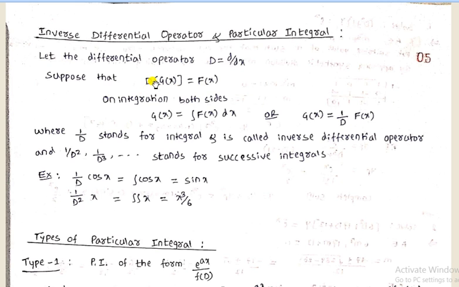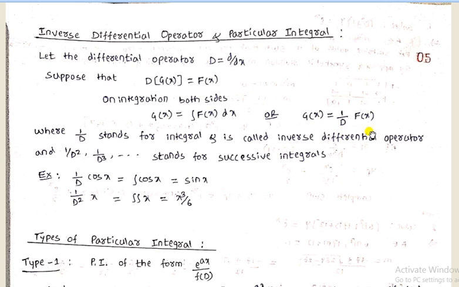D means differentiation, so after integrating, this D will cancel out. The left-hand side is g of x and the right-hand side is the integration of f of x dx, also denoted as g of x equal to 1 by D of f of x. So 1 by D denotes integration.